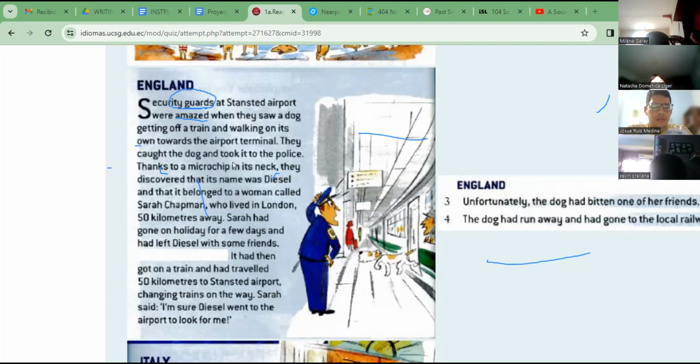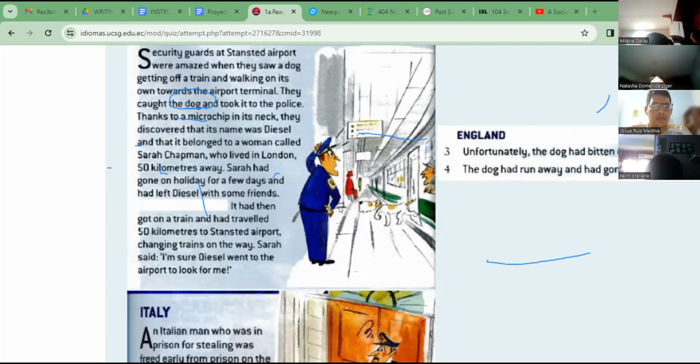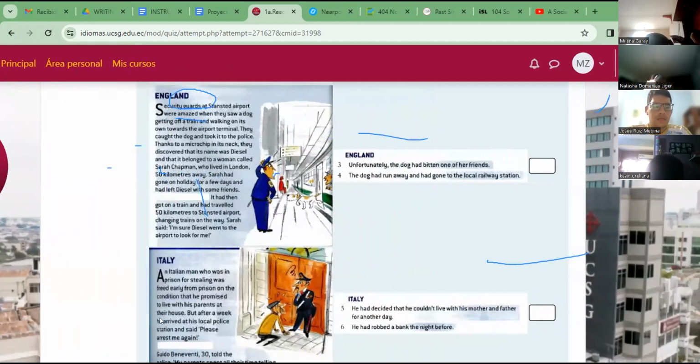Security guards, and were amazed. Amazed, like amazing, amazed. Miss, is it diesel or diesel? Diesel. Like being in Ecuador? Diesel, that is diesel. The pronunciation, diesel.